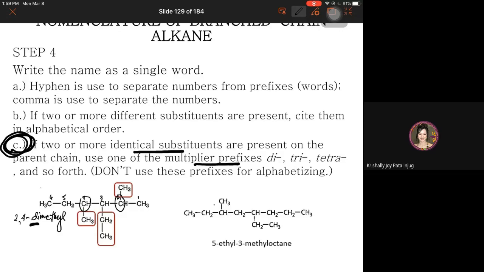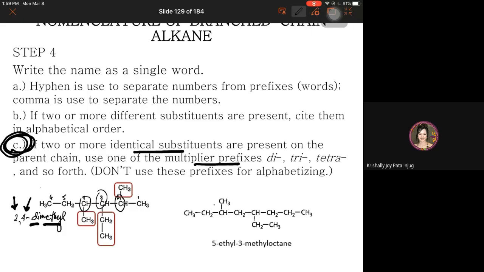Di, ibig sabihin dalawa. Dalawa yung methyl. Saan yung dalawang methyl? Ang isa nasa carbon 2, yung isa nasa carbon 4 ng parent chain. Yan yung ibig sabihin ng 2,4-dimethyl.